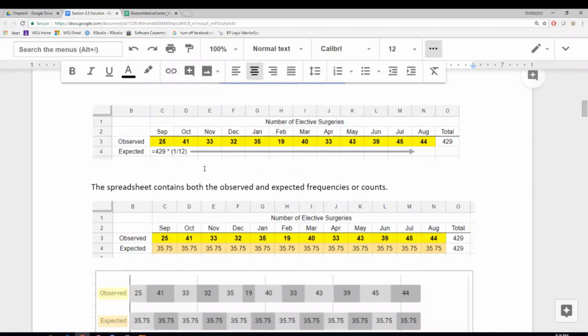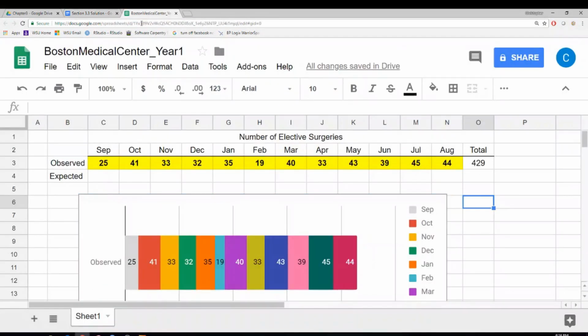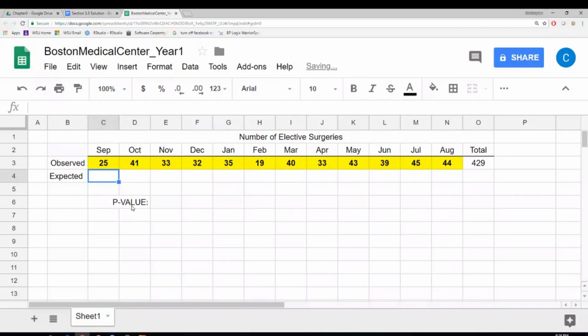So let's go back into my spreadsheet here and enter in the expected quantities. I think I can get rid of my graph at this point. So equal 429 times 1/12 there. Go ahead and hit enter.